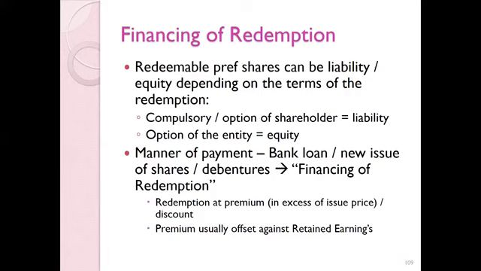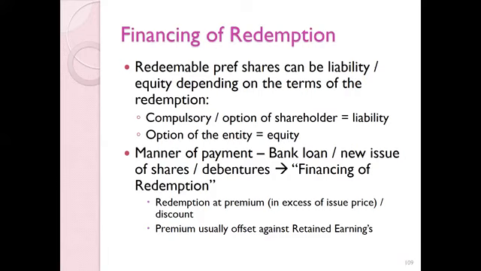Typically, your preference shareholders, where they've bought these redeemable preference shares, do want some sort of premium to account for the risk that they have taken to invest in this company. The premium is usually offset against your retained earnings.